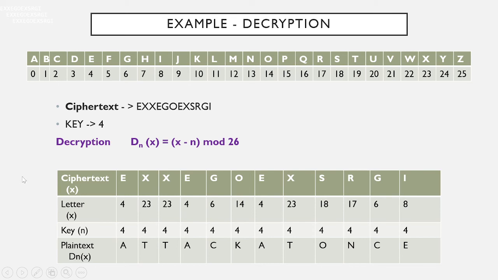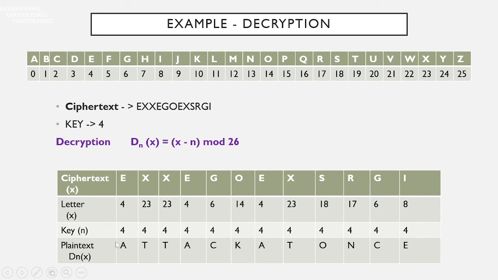In the first row, I have given the ciphertext. The ciphertext is copied into each of the columns, and the corresponding numerical value is substituted. So for E, the numerical value is 4. For X, the numerical value is 23. Okay. And then in the third row, I have written the key. The key is the same for all the letters.